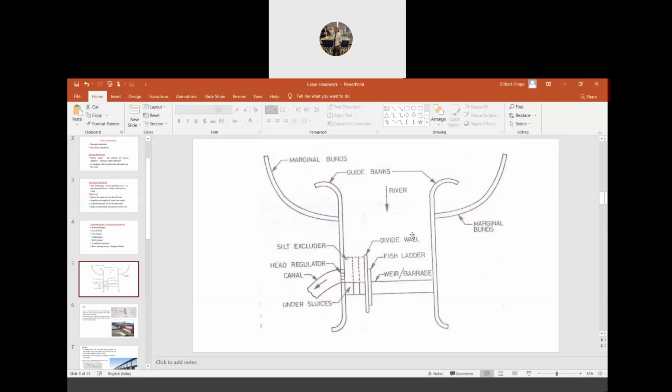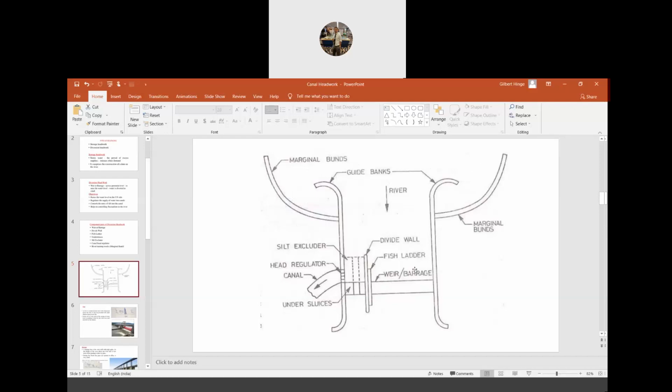For that, we construct a weir or a barrage to raise the water. When we raise the water during high flood, the water may spill here, so we construct this marginal bund to prevent this area from being affected. This is the role of the marginal bund, the guide bank, and the weir and the barrage.